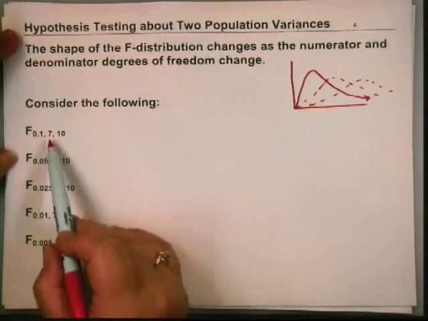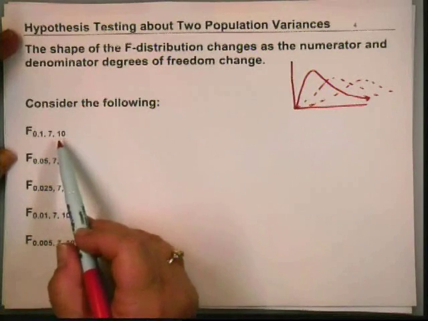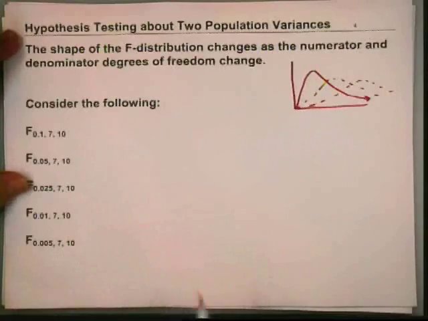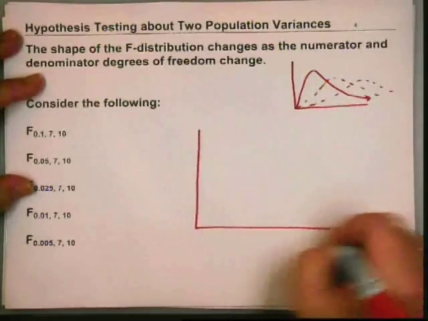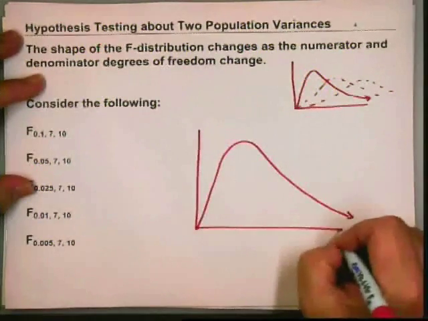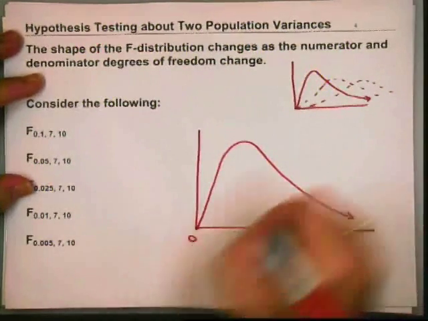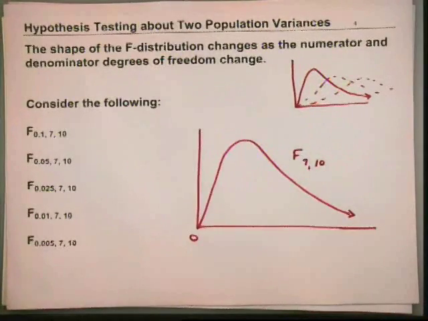Let's consider the following, where we have 7 numerator degrees of freedom and 10 denominator degrees of freedom, and look up those values here. So what we're looking at is a fixed distribution for F, where 7 and 10 don't change. So I want to look up the values associated with those right-hand areas.